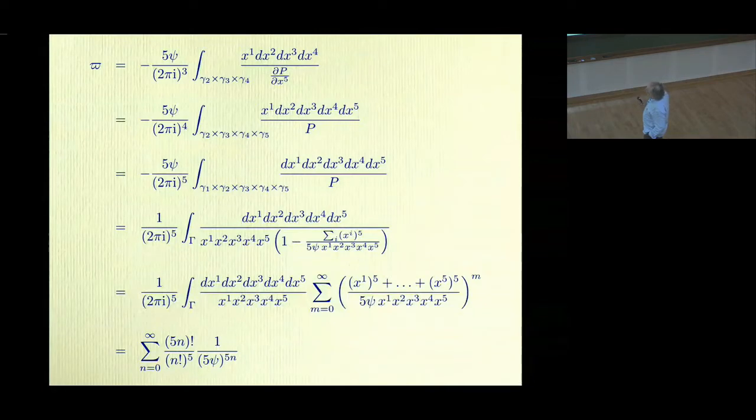So this is the integral, and this you do by expanding this out in a series. So you expand it out like this. And here, this bit, with much pleasure, you realize this integral you can do.